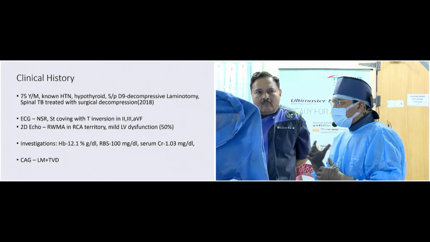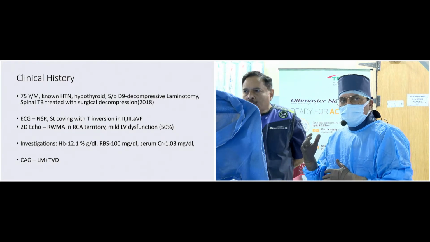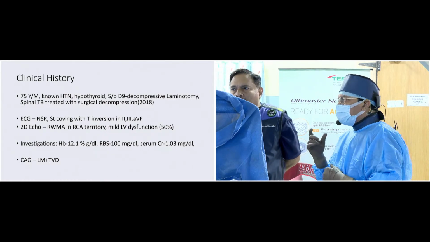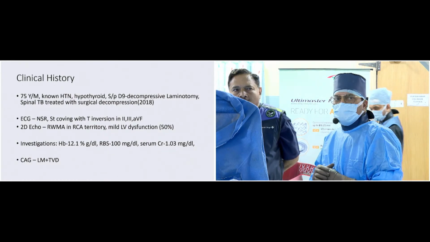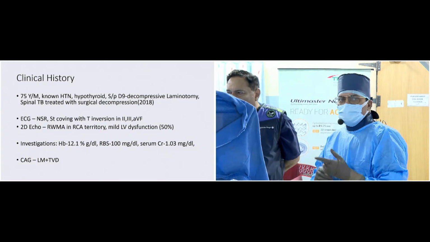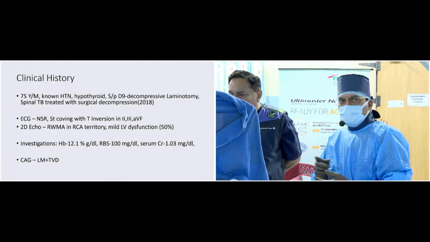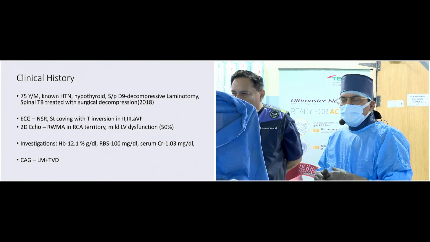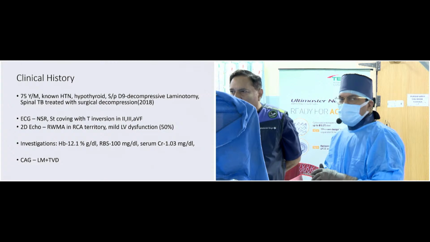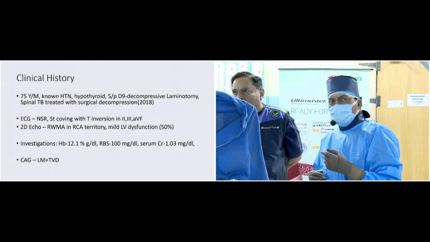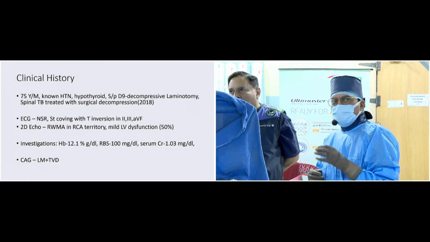The difference between the larger and the middle or smaller is the crowns, 10 crowns versus 8 crowns. So you can expand it nicely. Radial strength is more, flexibility is more, and trackability and pushability are better. The strut thickness is the same, 80 microns, and the biodegradable polymer is 3.5 microns.